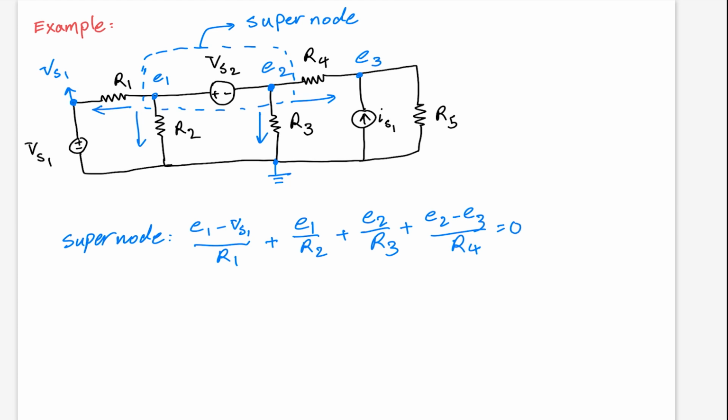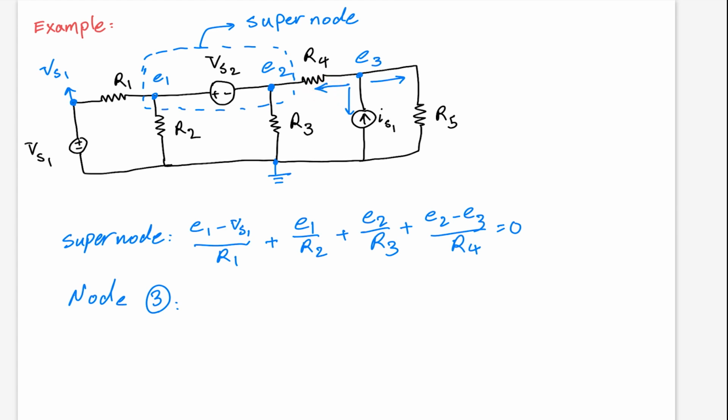And another KCL equation for node 3. Let me clear these currents here. For E3, we have these currents that are going out of E3.